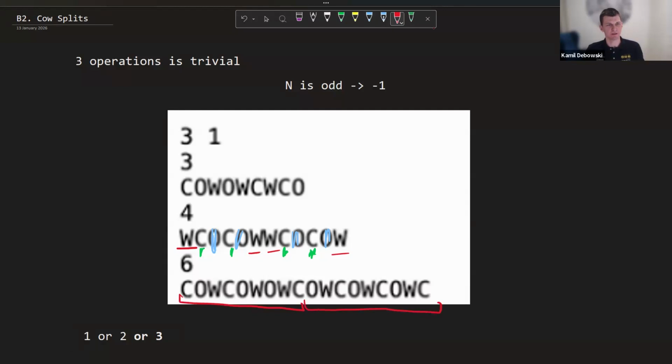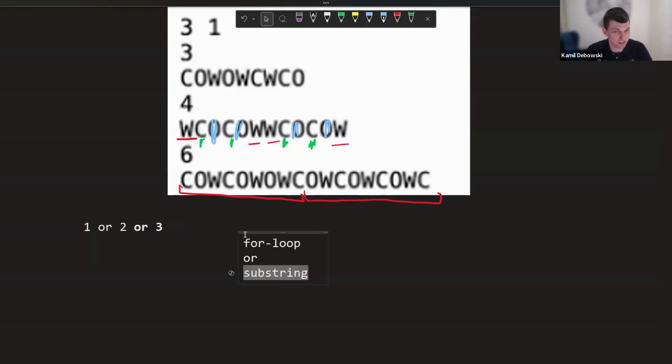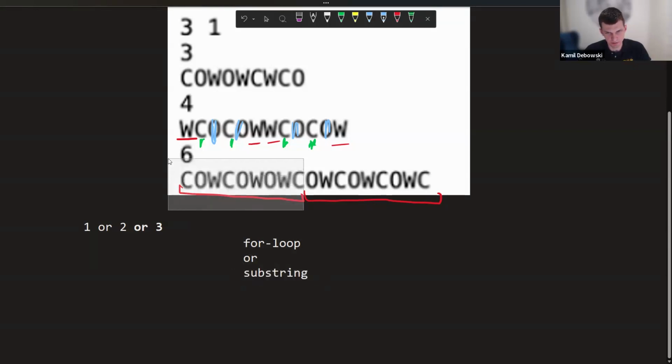You can achieve that using a for loop or a substring operation. Whether you use C++ or Python, a substring function exists where you check if the first half of indices is equal to the second half, or use a for loop. If so, then we know that 1 operation is possible.